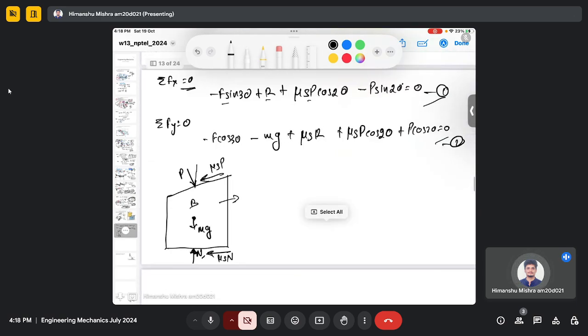Right, so these are the forces which are acting. So now we can do force balance in the x direction and we will get say 20 mu s N and component of mu s P as well.